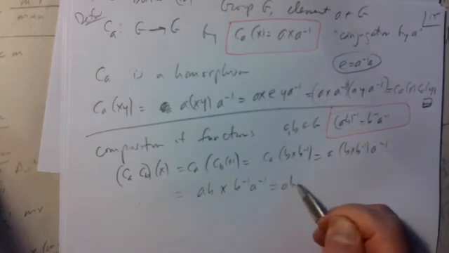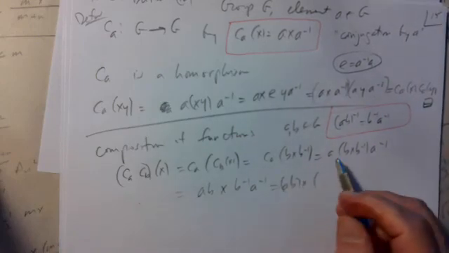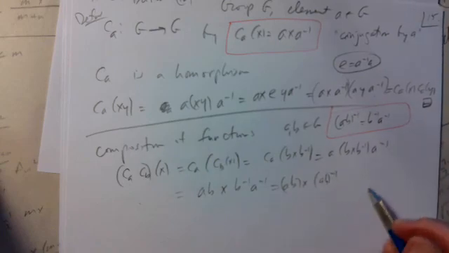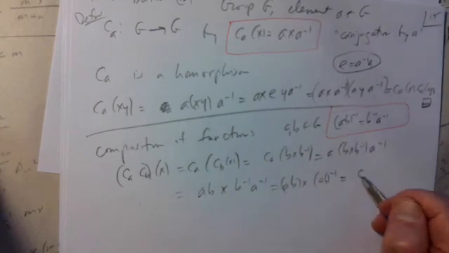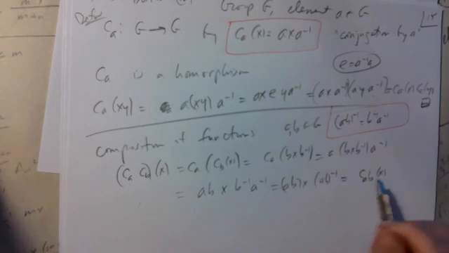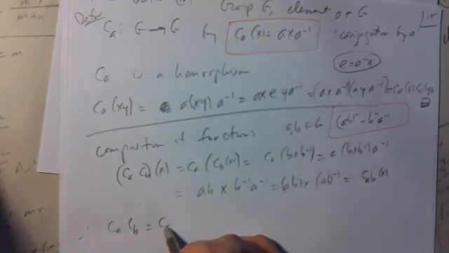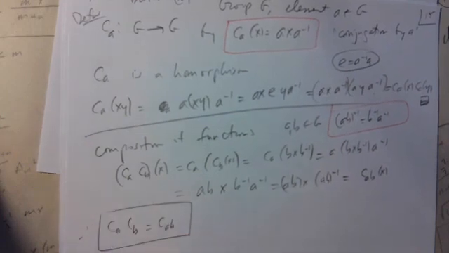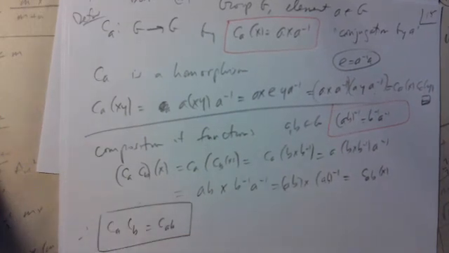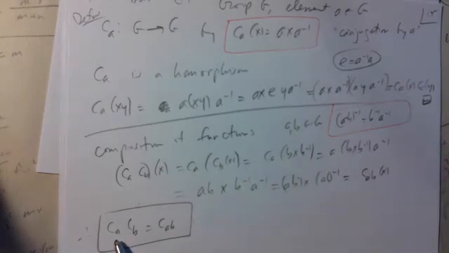So this is AB times X times AB inverse, and this is exactly C sub AB of X. So therefore, CACB is CAB. So we have this nice rule for composing conjugations. If you compose conjugation with A and conjugation with B, you get conjugation by AB.